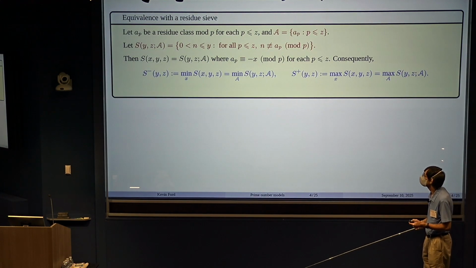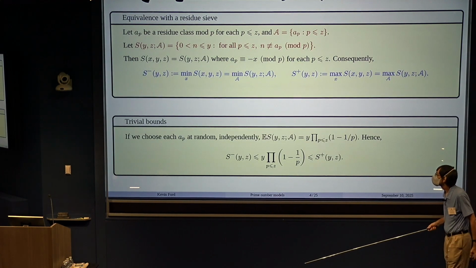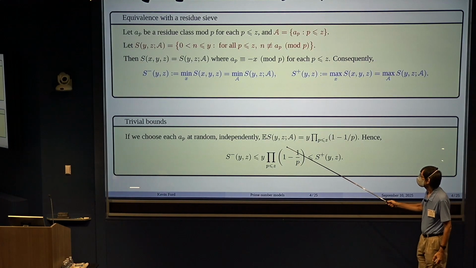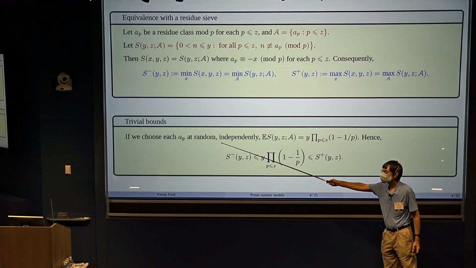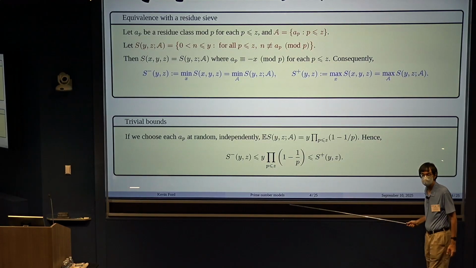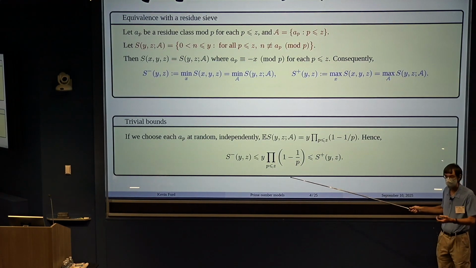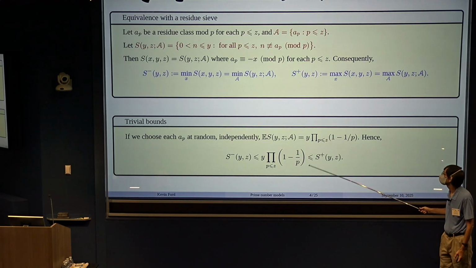It turns out that both of these points of view are very important in the theory. In particular, you could think probabilistically in the residue sieve: if we fix y and z and we take these numbers a sub p completely at random, then as we vary all the a sub p's, we're capturing all the integers.